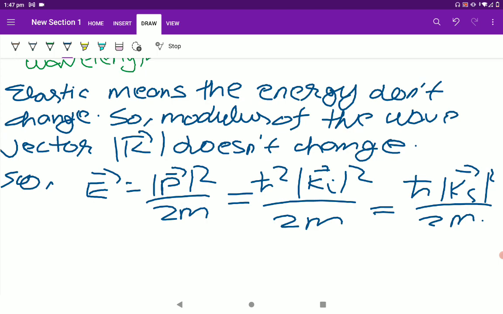So the electron changes direction but does not lose energy.